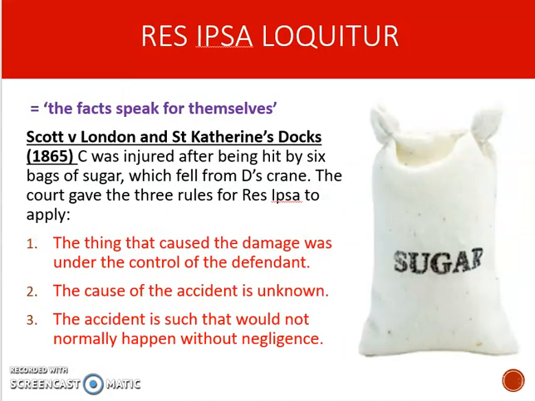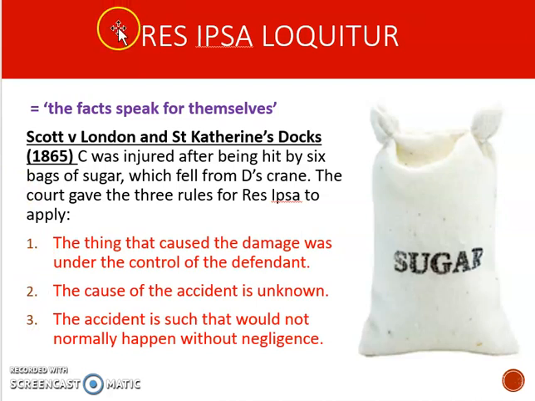Res ipsa loquitur is a more rare situation where we say the facts speak for themselves. And this is illustrated by Scott v London and St Katharine Docks. And this is where basically the negligence is so obvious, we say it's res ipsa. And you've got in your booklets the 3 rules that need to apply here.